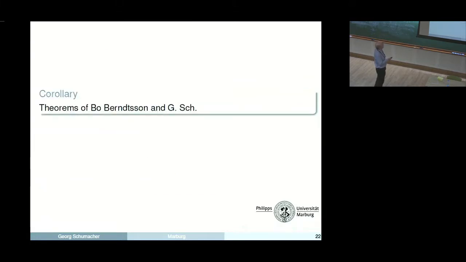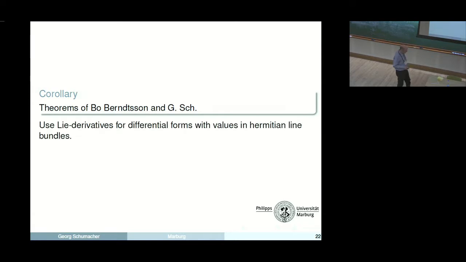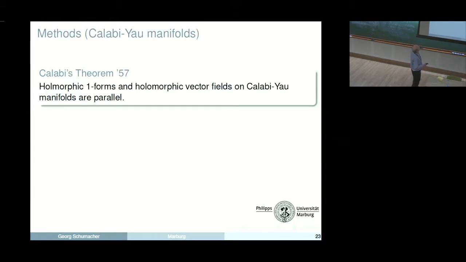Now, this thing contains both known results, the one of Berndtsson and the other one I had been talking about. And yes, so he is going to extremes and using Lie derivatives for differential forms with values in Hermitian line bundles. So, but the thing works.